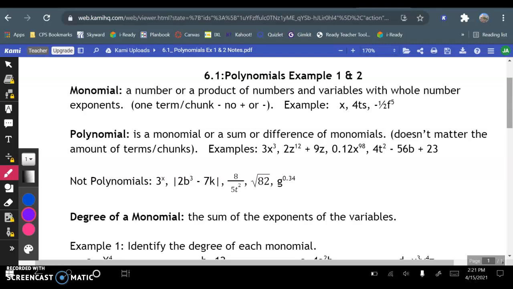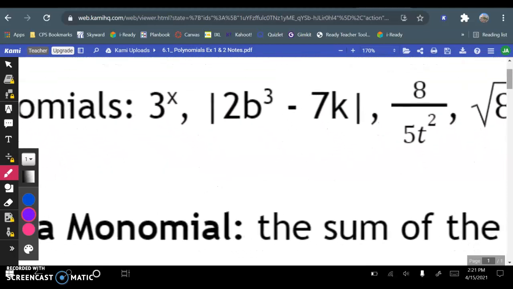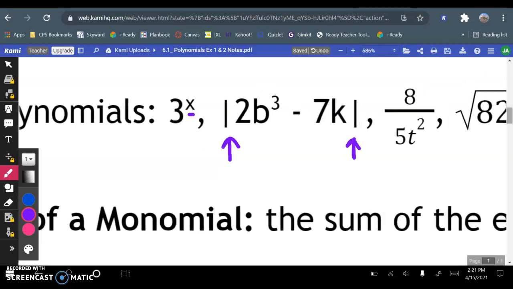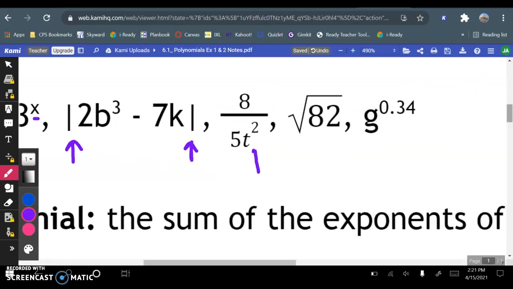So not polynomials, I want to focus right here. You can't have x as an exponent. You cannot have absolute value. You can't have your variable in the denominator. You can't have a radical symbol. And you can't have a decimal or fraction exponent.